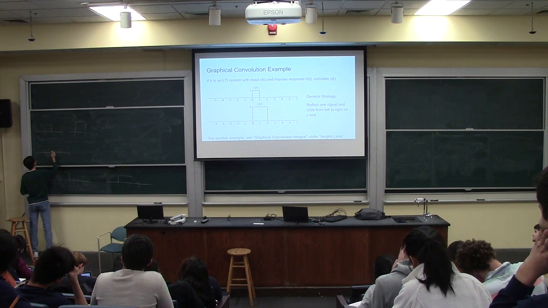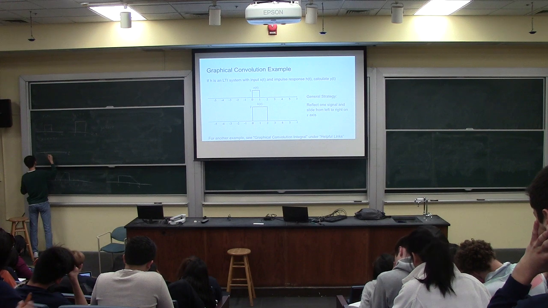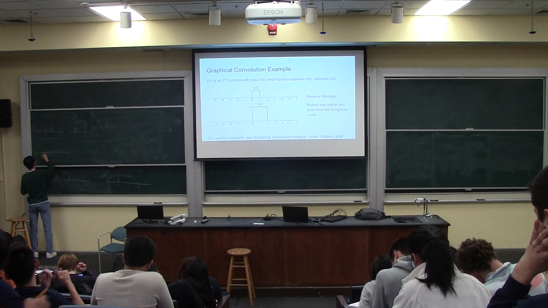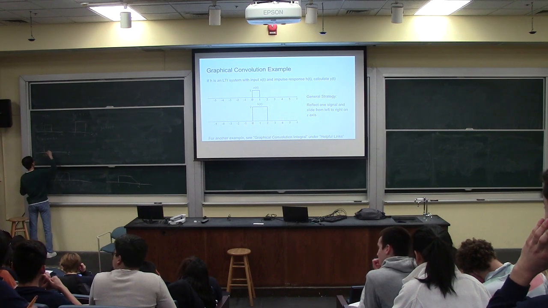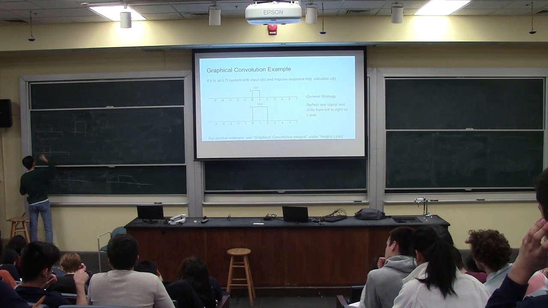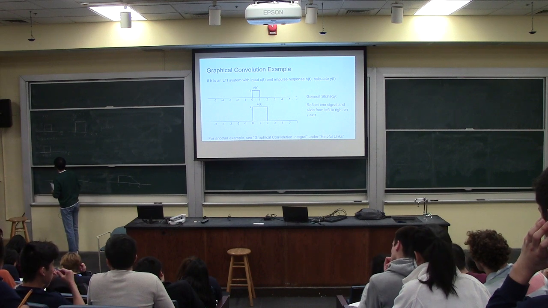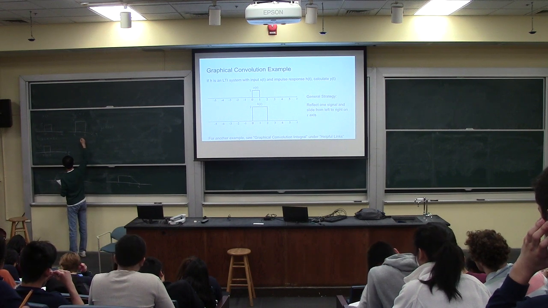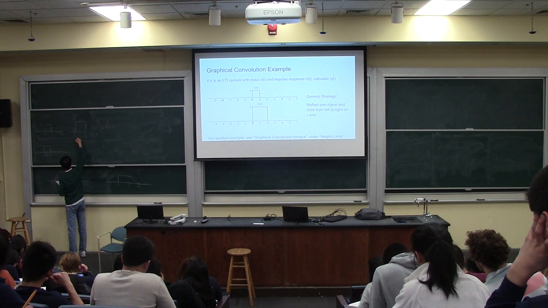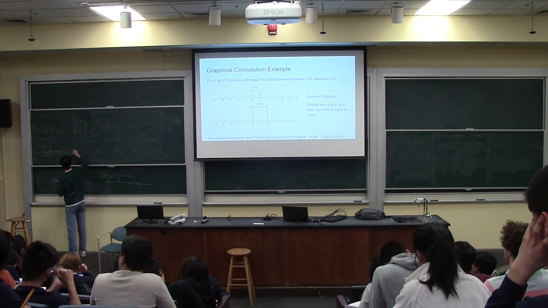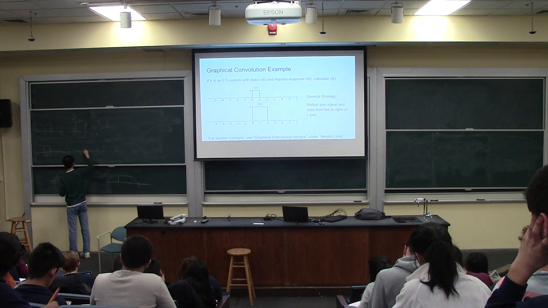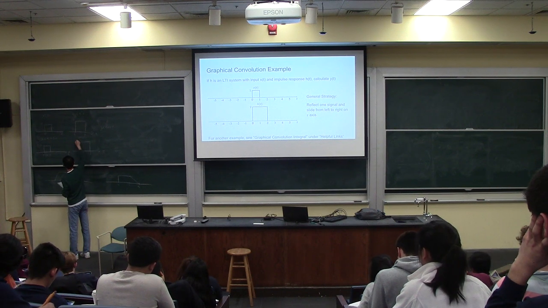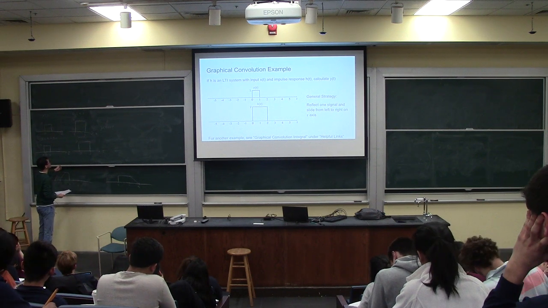It'll be t minus 1 and t. And we have the corresponding h of tau, which is 0 to 2 still. Right. And now we consider cases.